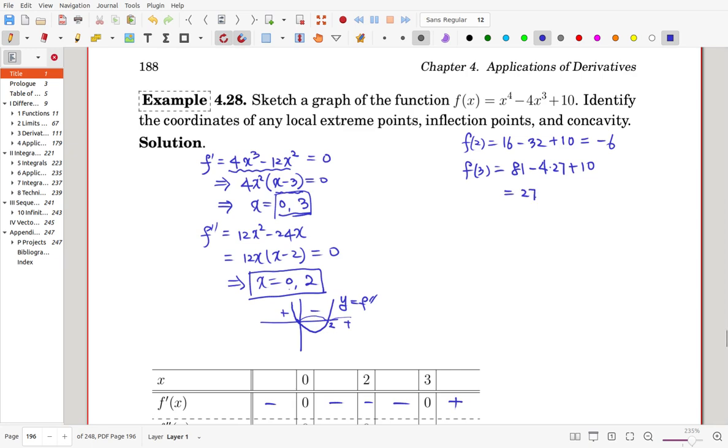That is the same as 3 times 27 minus 4 plus 10, which is minus 1. So 10 minus 27, so that is minus 17.